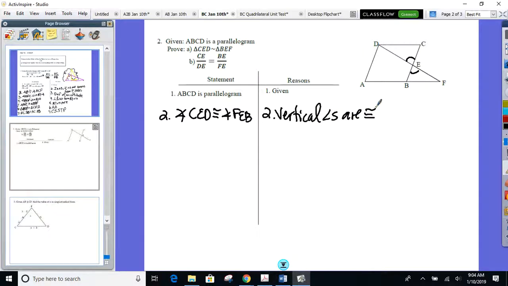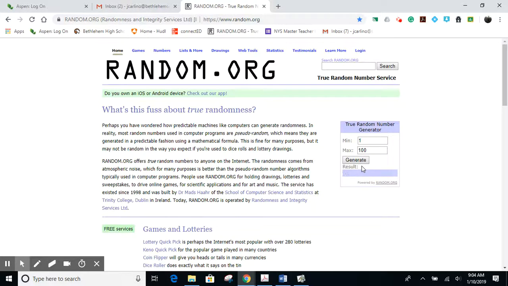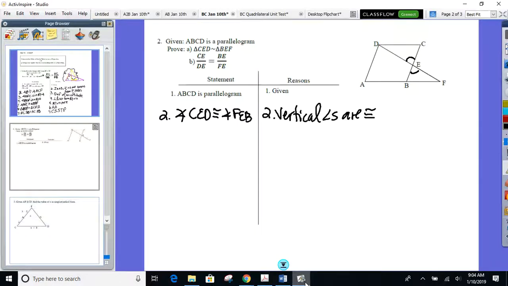Where are the other pair going to come from? Okay, well, first, yep, I'm glad you brought that up. You can't say these alternate interior angles are congruent right away.